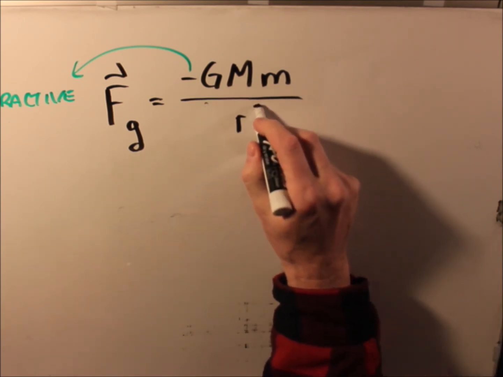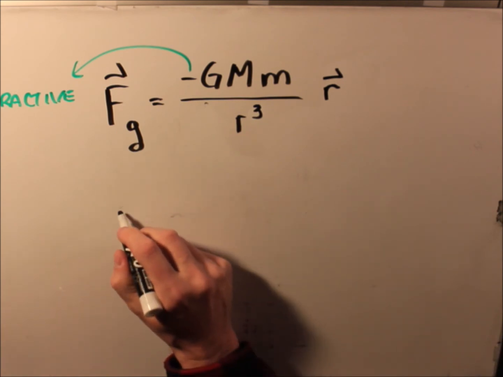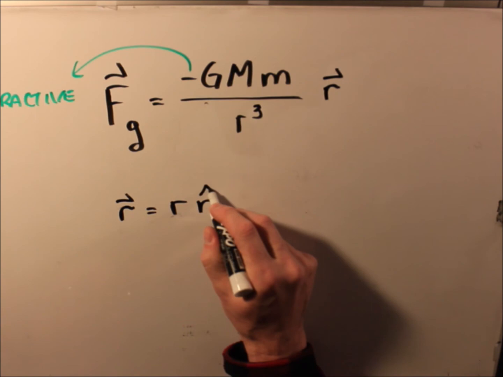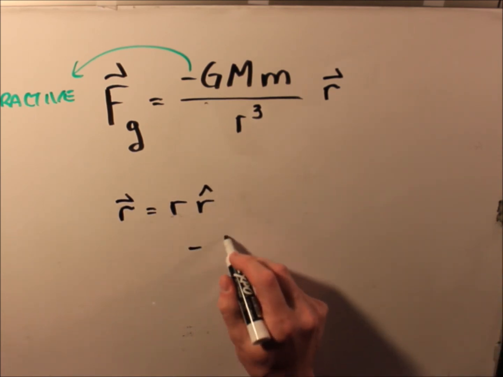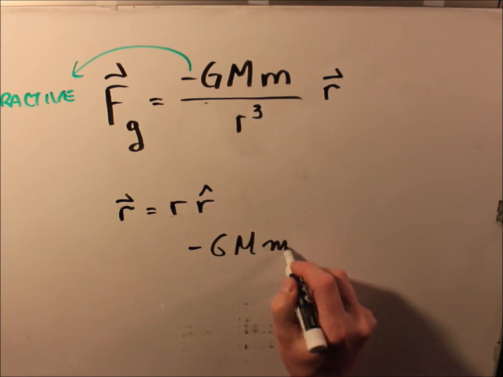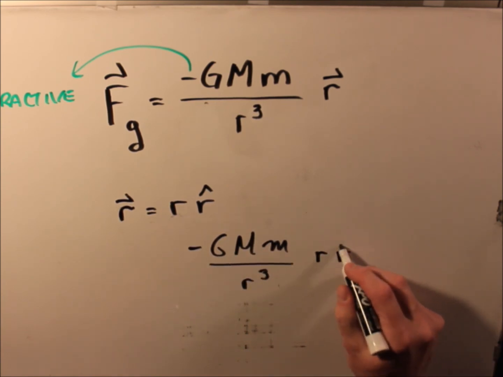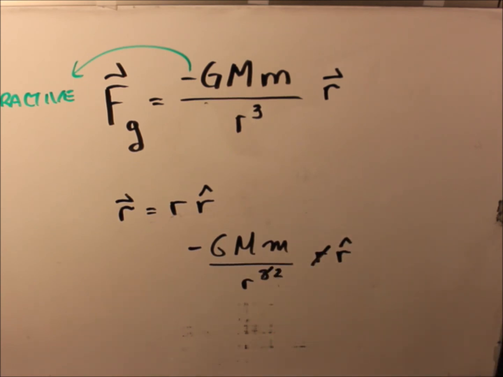You might see r cubed in the denominator with a vector r. But the vector r is equal to r times r hat. So this is really minus G big M small m over r cubed times r hat. And you cross out one of those and get back to the other case.